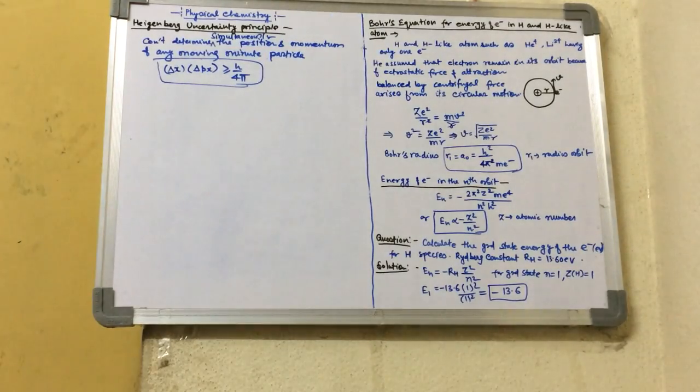Okay, now quickly I will give the de Broglie equation. The de Broglie equation is basically based on the wave particle duality nature.